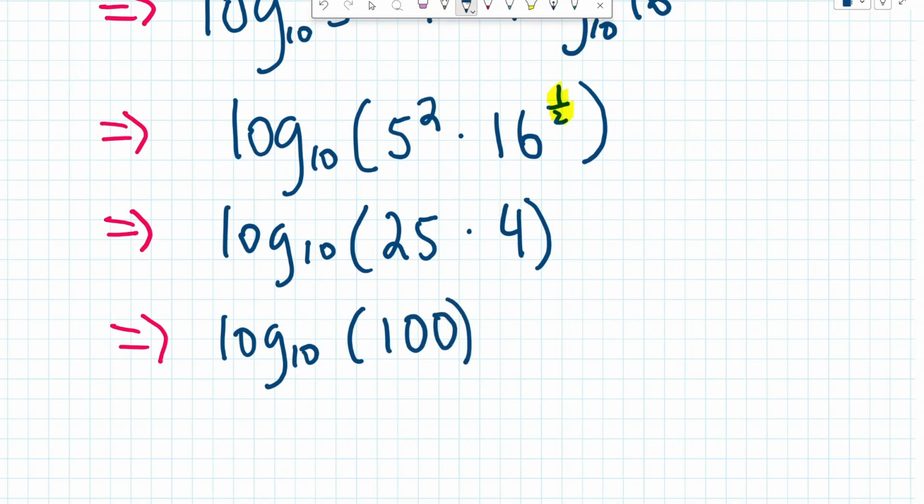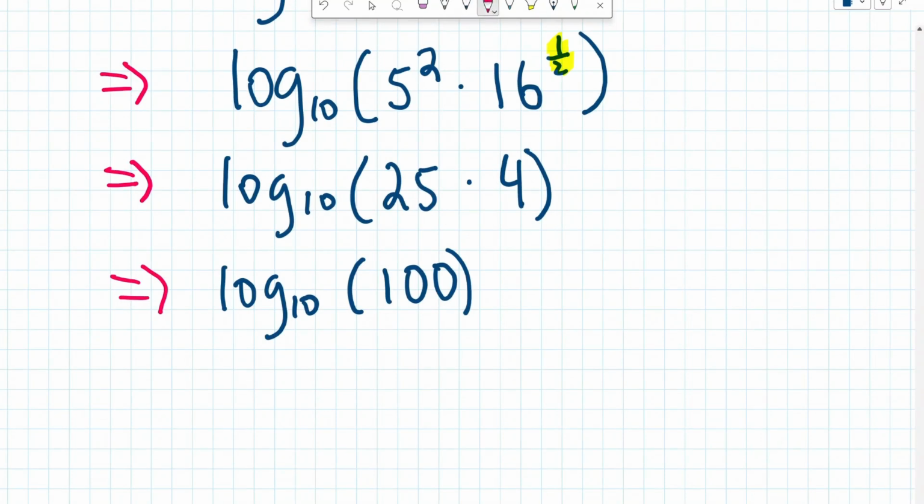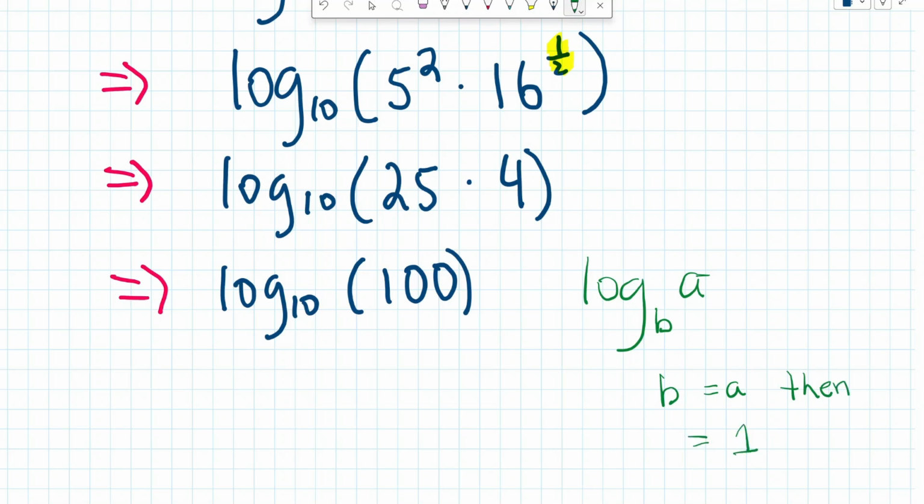As an aside, if you have a log whose base equals its argument, so if b equals a, where a is your argument, then it equals 1.